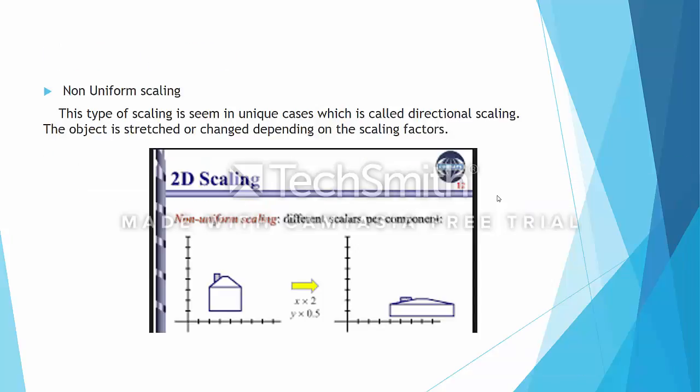Non-uniform scaling is obtained when at least one of the scaling factors is different from the others. A special case is directional scaling or stretching in one direction. It completely changes the shape of an object. For example, a square may change into a rectangle or into a parallelogram.